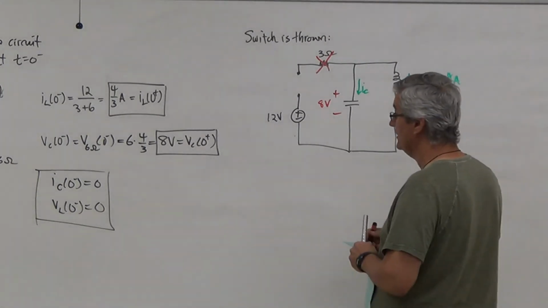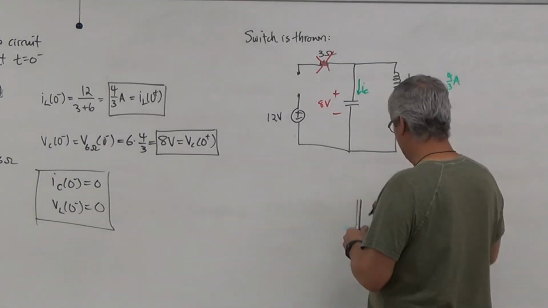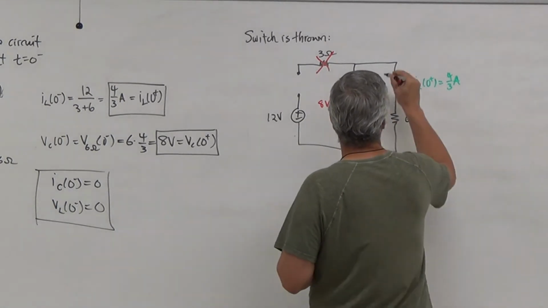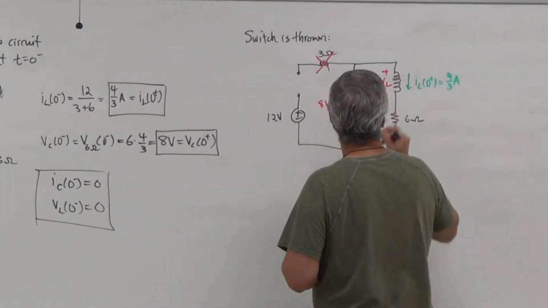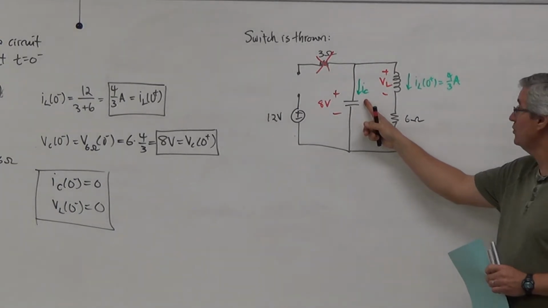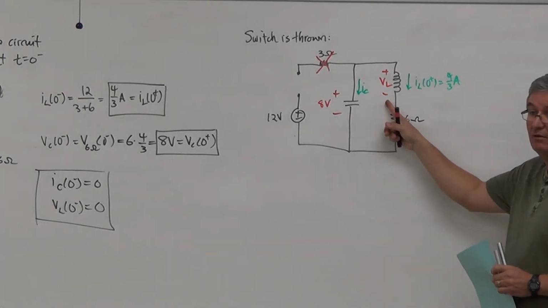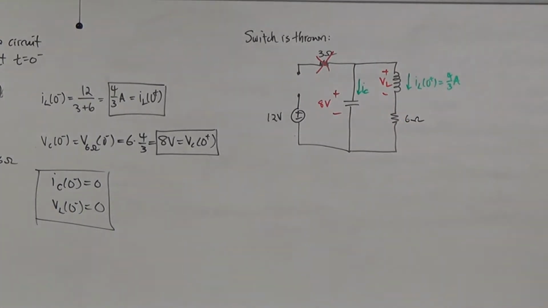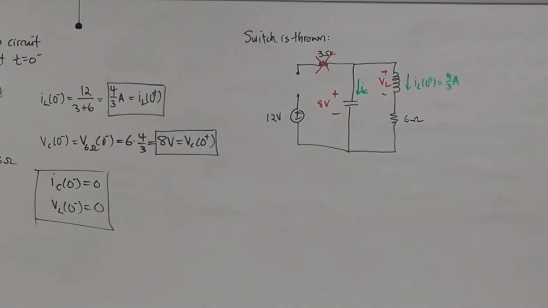So I know I have a 6 ohm resistor here, but I know that the voltage of the inductor has to be changing. We would expect it to change. So now, how do I determine IC? How do I determine VL? I look at what? The rest of the circuit. The circuit is going to tell me that.